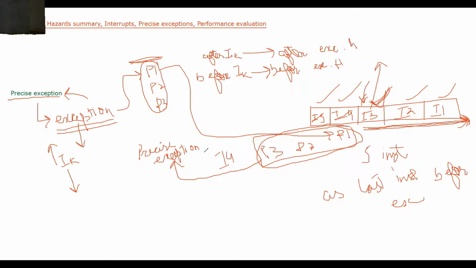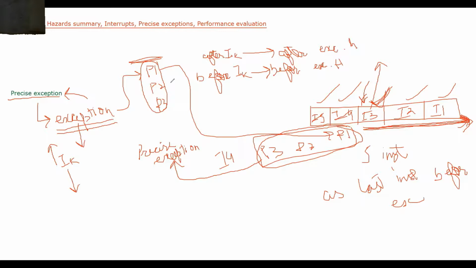And how are we making every exception a precise exception? Whenever an exception is there, we mark one instruction in the pipeline as the last instruction before the exception, and we allow all instructions before that marked instruction to complete. Then after that instruction, we allow exception handler instructions to go into the pipeline.